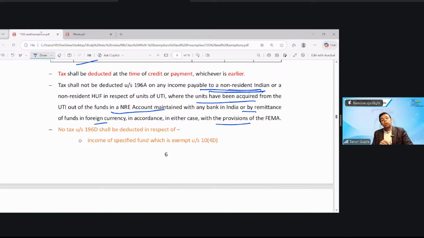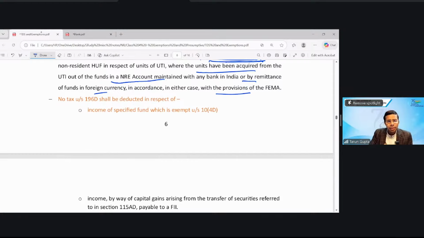So if an NRI or non-resident HUF had actually acquired the units from the UTI itself in foreign currency or from the NRE account, then the income which they are deriving from such units shall not be subject to tax, and therefore no 196A.